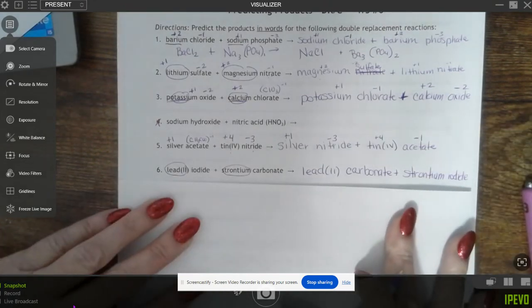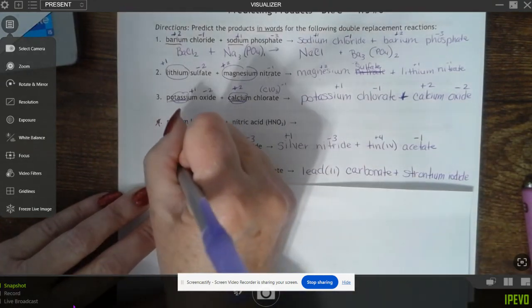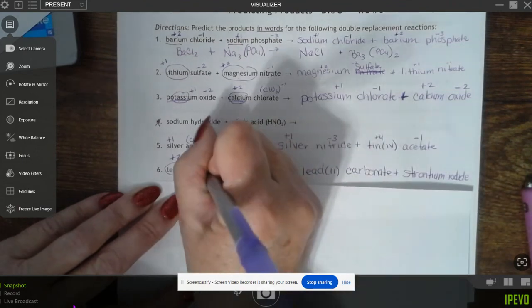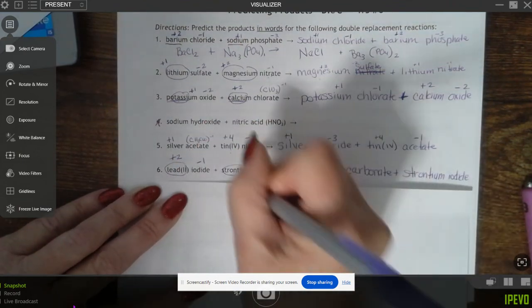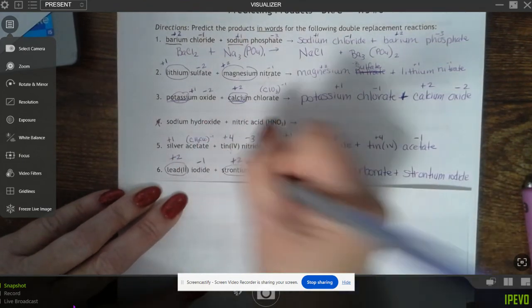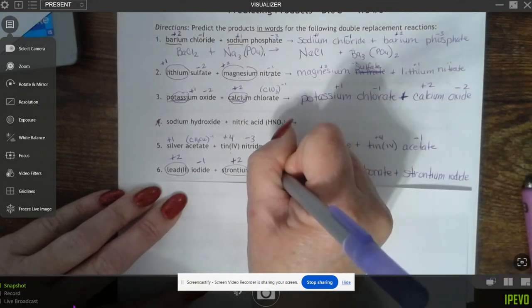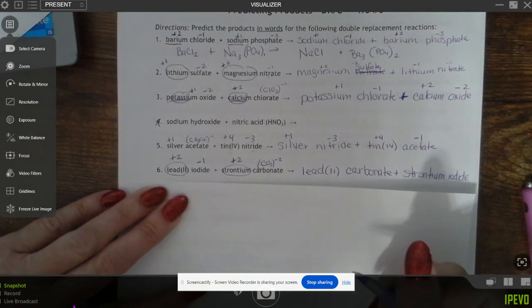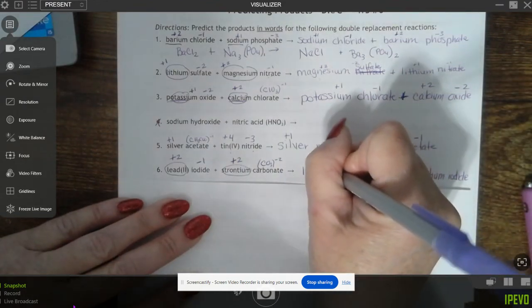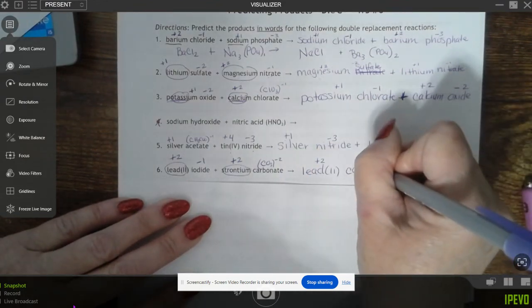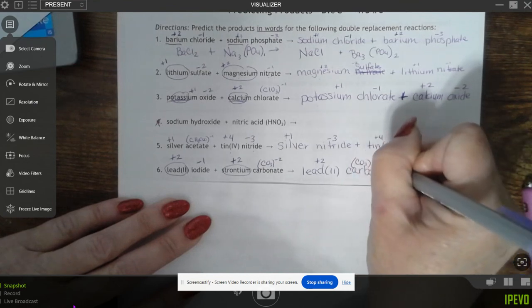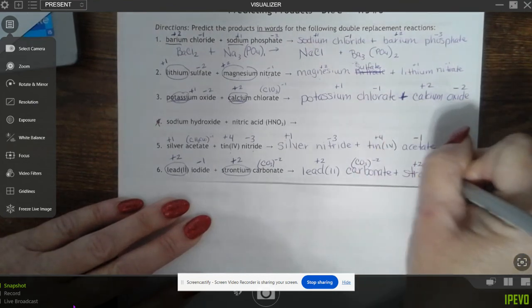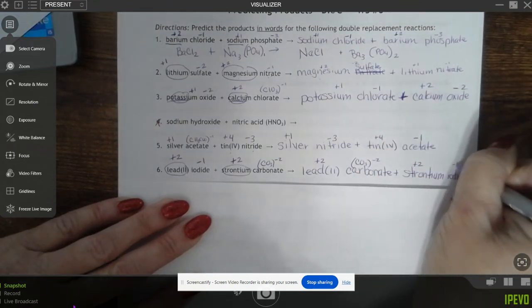Let's see. If I look at this, lead has a +2 charge. Iodine is -1. Strontium is +2. Carbonate is CO3 with a -2. That's on the back of your periodic table. Lead is +2. Carbonate is CO3 -2. Strontium's +2. Iodide is -1.